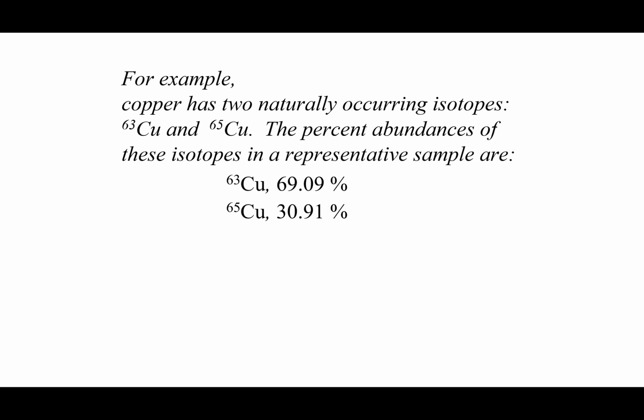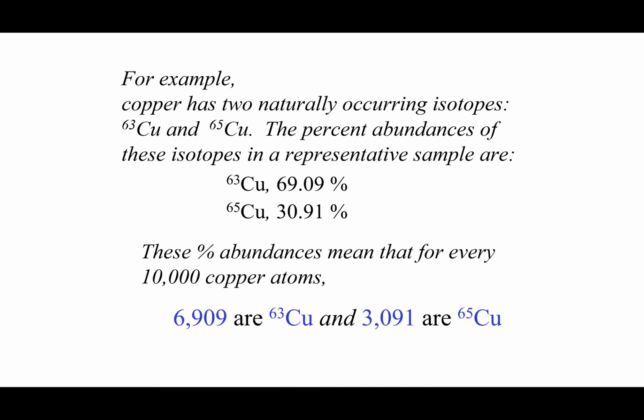Okay, what do these add up to be? 100%. Yep. In other words, if you were to go out and painstakingly obtain a representative 10,000 copper atoms, 6,909 of them would be isotope copper 63, and 3,091 of them would be the other isotope, copper 65.